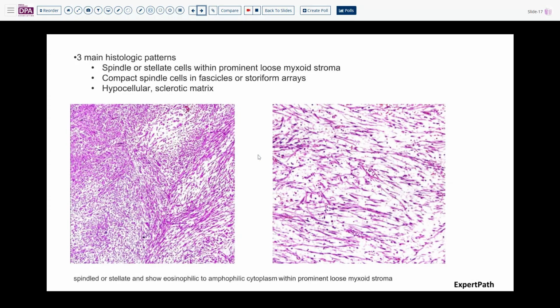Of course, the cells for this entity can have different cellularity. They can have this hypocellular area and even some hypercellular area. In the hypercellular area, this spindle cell neoplasm can form this fascicular growth, even storiform and herringbone. And then their cytoplasm is kind of light purplish, this amphophilic cytoplasm, characteristic for this entity.